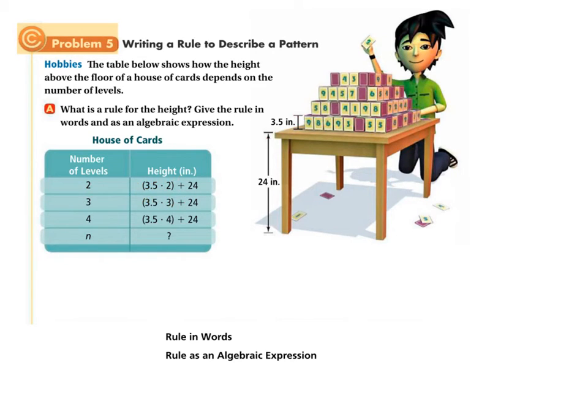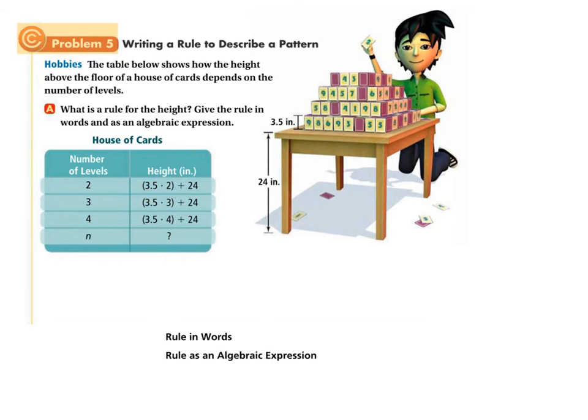And with 4, etc. Now what would happen if we had some unknown number of levels? We could write some algebraic rule for any number of levels that we could then plug in the number of levels if we wanted to calculate how tall would the entire structure be off the floor. If we had 13 levels, we could put 13 in where n was, and we could solve it out.